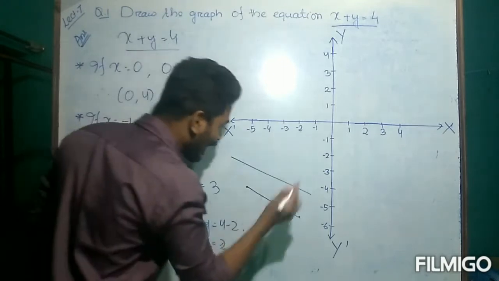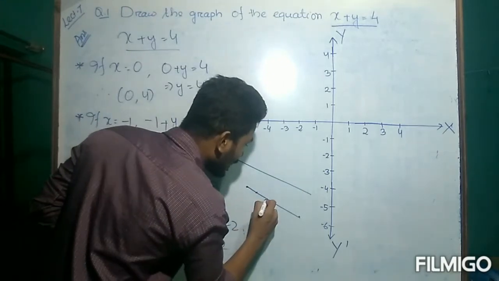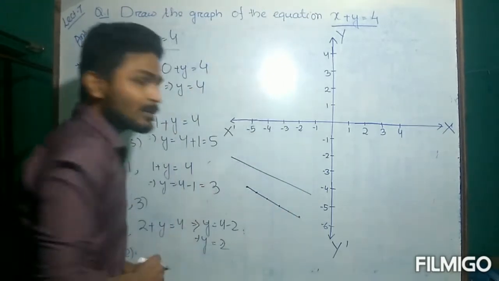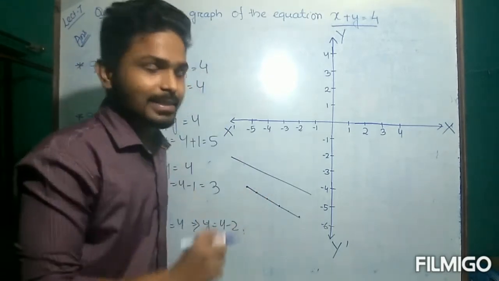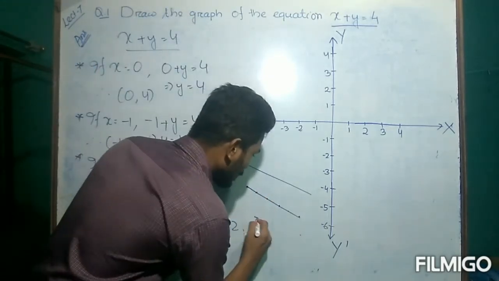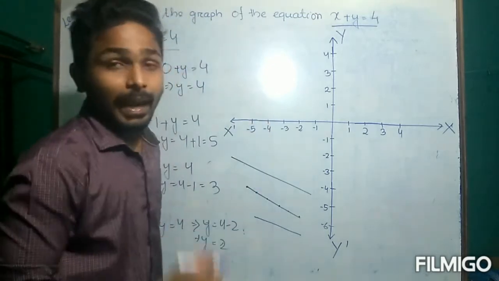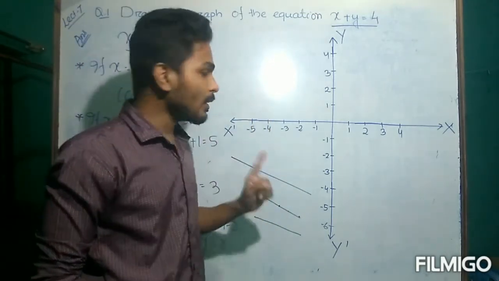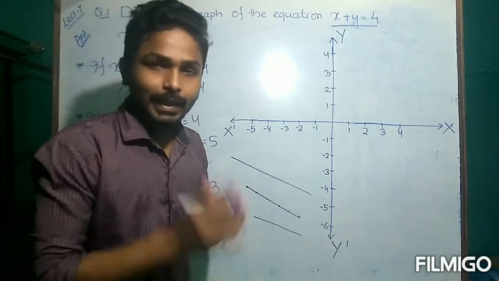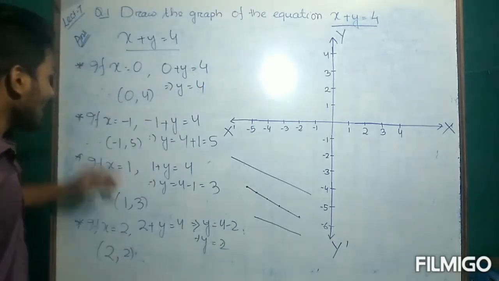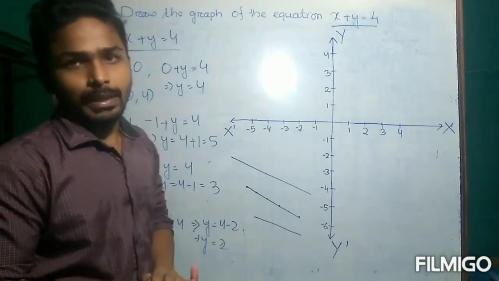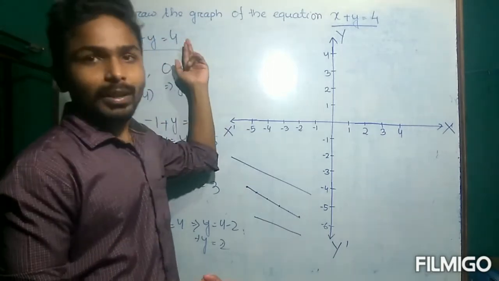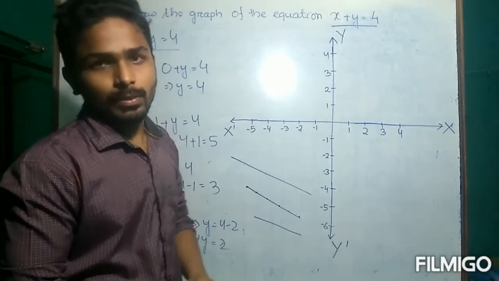We do not need more than 2 points. If we have at least 2 points, then we can easily draw a straight line. Hence, a minimum of 2 points is required to draw a straight line. That is why you need at least 2 solutions to draw the graph of this equation.